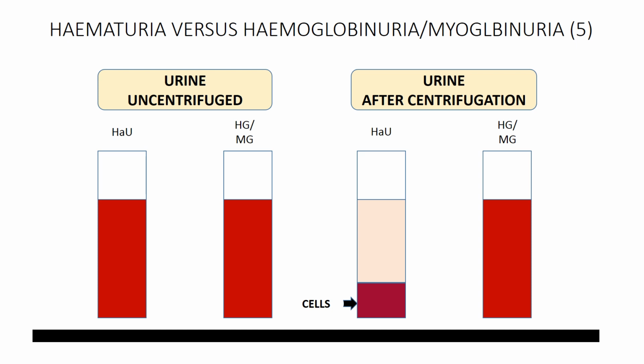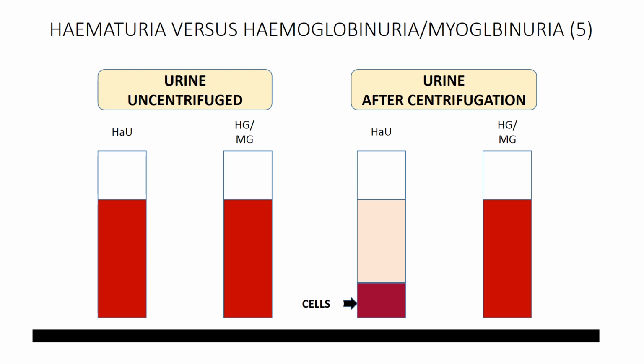After we spin or centrifuge the urine, because the specimen that has hematuria has cellular components, those cellular components which are denser will tend to drop down to the bottom of the tube and leave a clearer supernatant. Whereas in a patient who has hemoglobinuria or myoglobinuria, even after centrifugation, the discoloration of the specimen remains uniform.